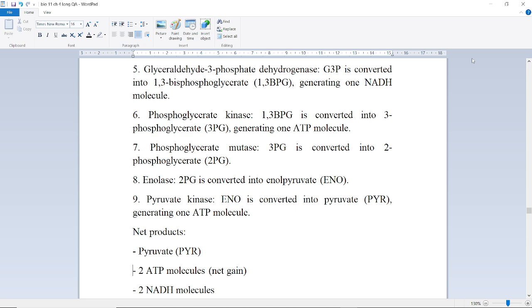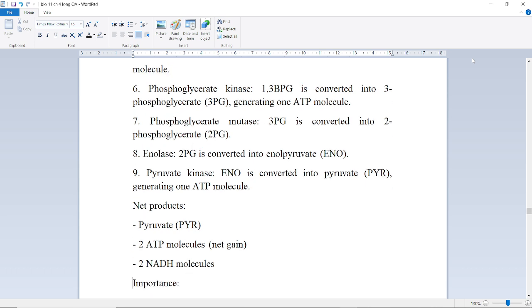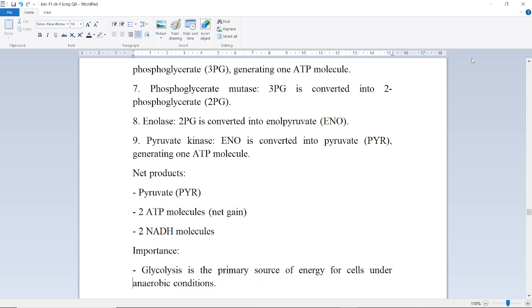Phosphoglycerate mutase: 3-PG is converted into 2-phosphoglycerate, 2-PG. Enolase: 2-PG is converted into enol pyruvate, ENO. Pyruvate kinase: ENO is converted into pyruvate, PYR, generating 1 ATP molecule. Net products: pyruvate, 2 ATP molecules net gain, 2 NADH molecules.